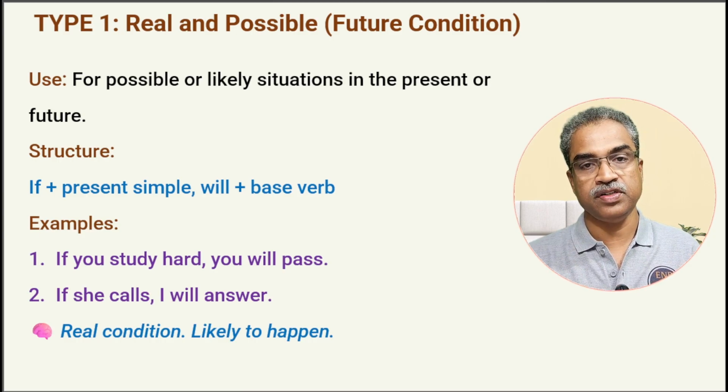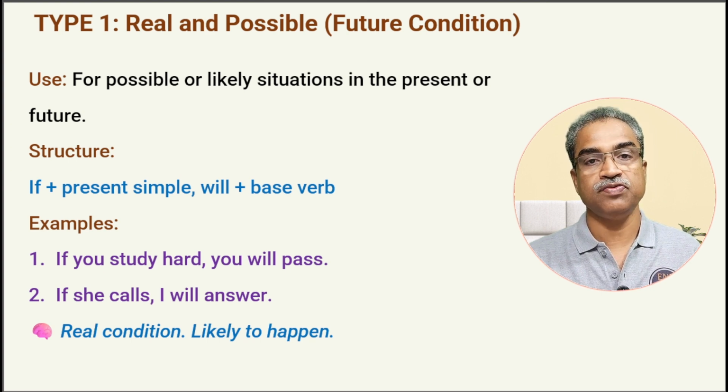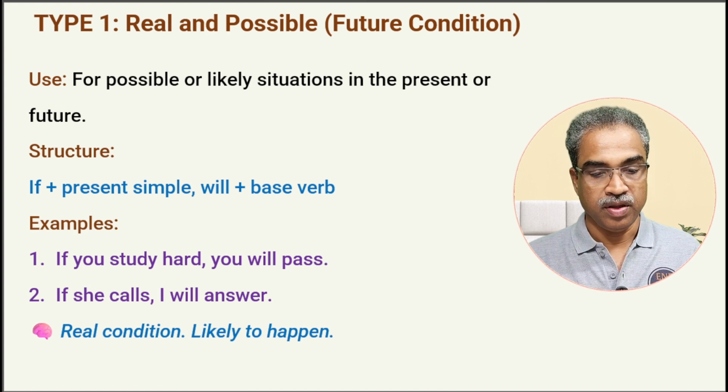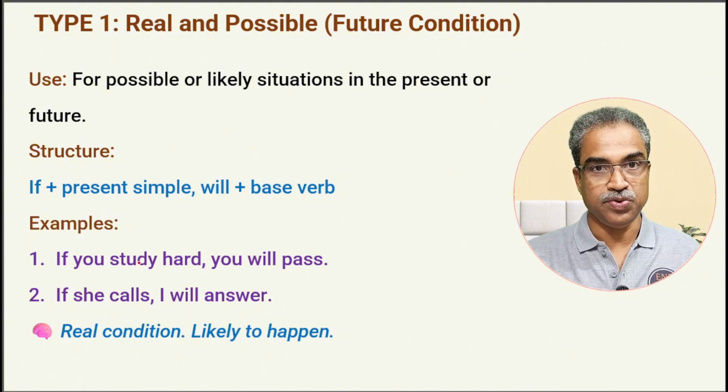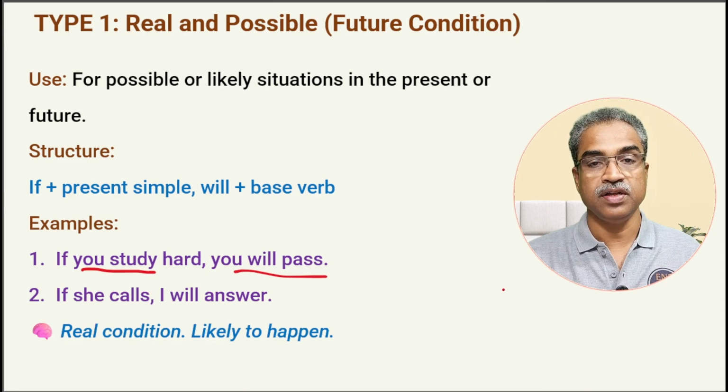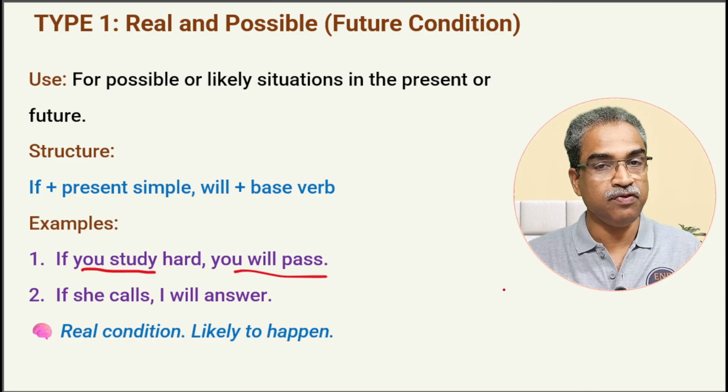Means after the subject, we will use will plus V1 form, the base form of the verb. Okay. Now, example you'll understand. If you study hard, you will pass. You will pass. That is simple future.